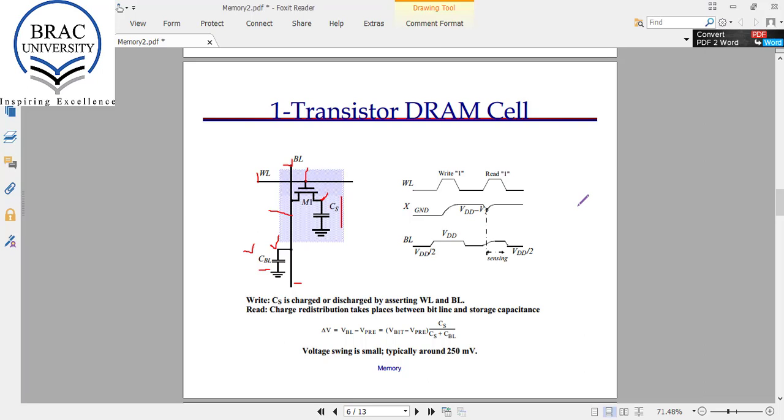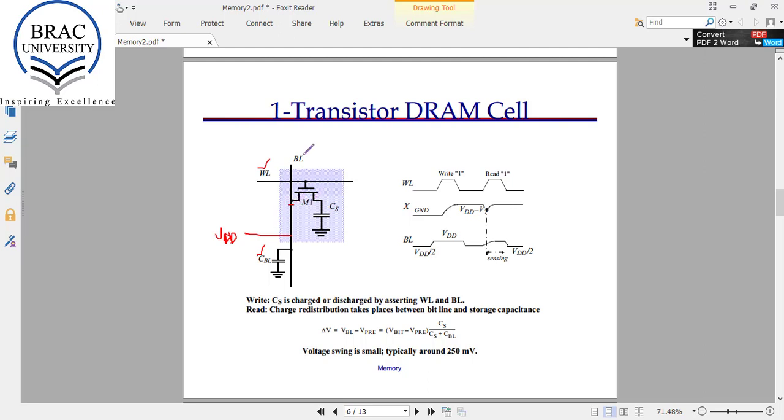Now we will see how we can write data in this cell. For this, if we want to write 1, we make the voltage of the bit line VDD, or we can consider that this capacitor is charged to VDD. Now the WL is turned on and this capacitor is connected with this bit line.